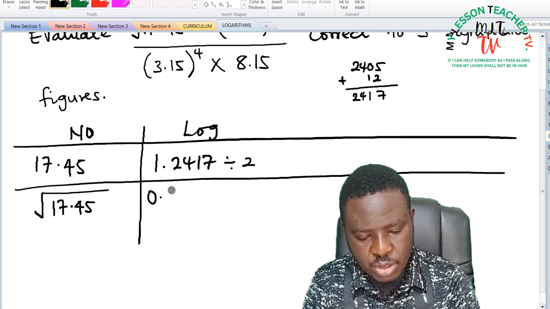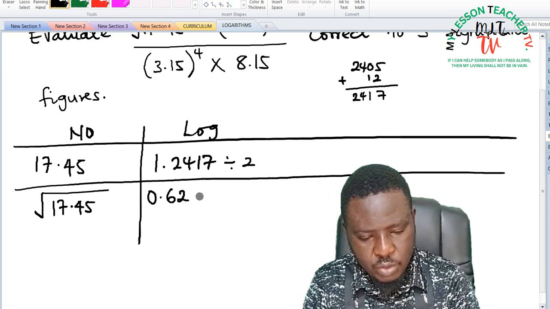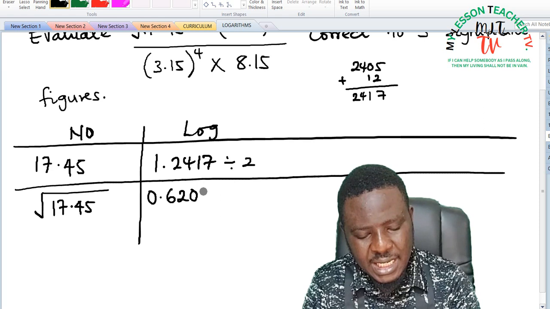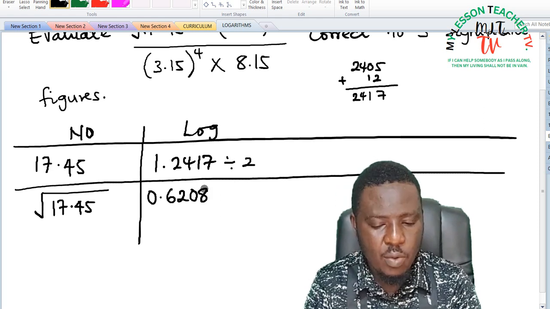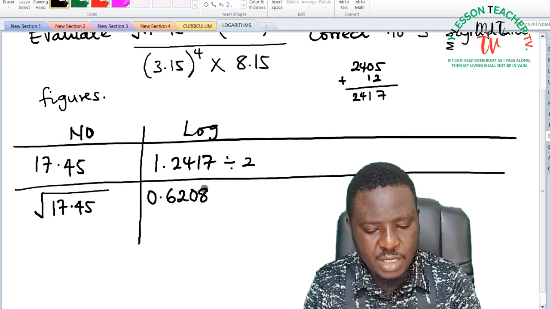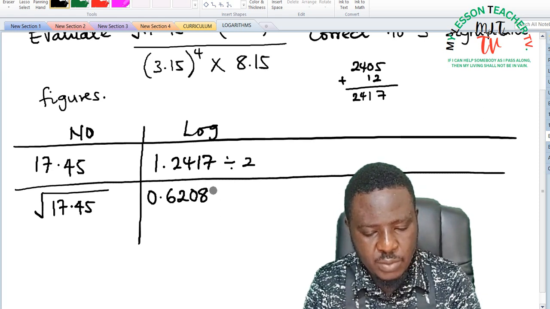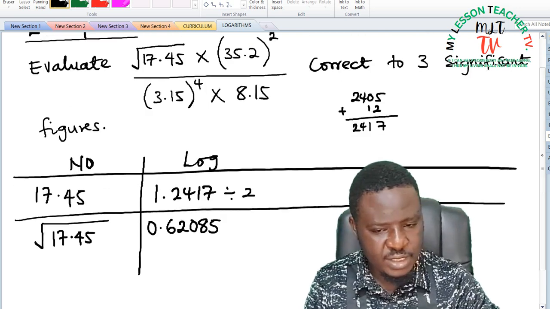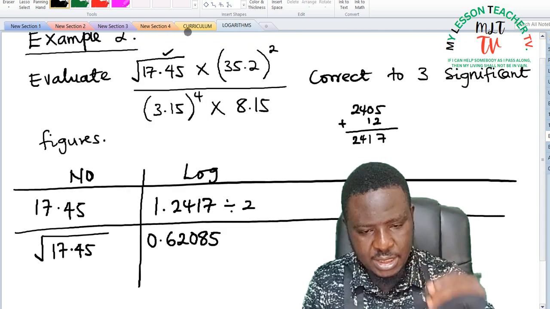Bring the second digit, it becomes 6. 4 divided by 2 is 2. 1 divided by 2 is 0. 17 divided by 2 is 8, remainder 1. Add it and divide, it becomes 5. So this is 8.5. So I'm done with the first digit.